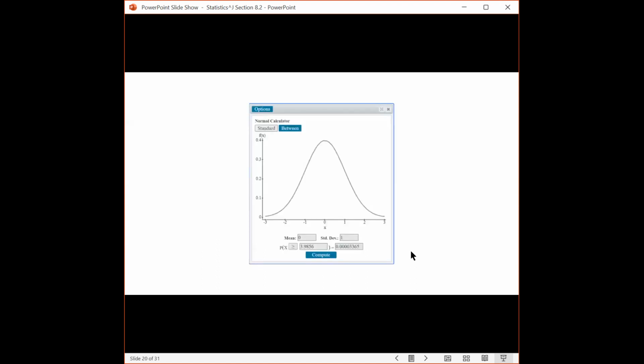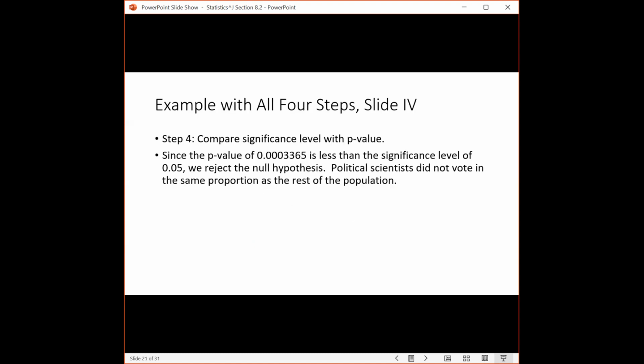All right, and we can see here that is what the normal calculator looks like in StatCrunch when you enter all that stuff in. And then how do we interpret that? Or sorry, how do we do step 4? Step 4, since the p-value is less than the significance level, that suggests that the null hypothesis is wrong.